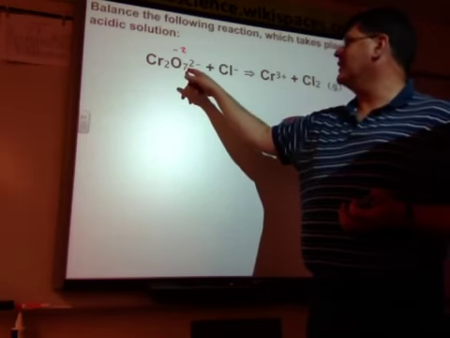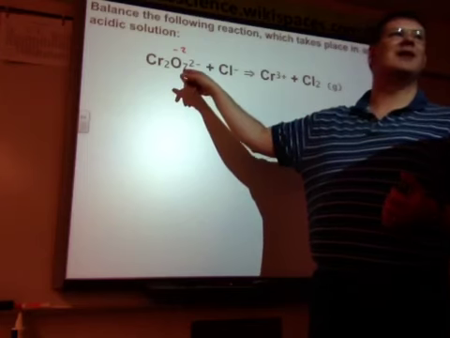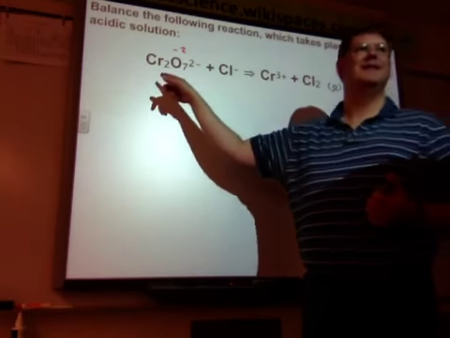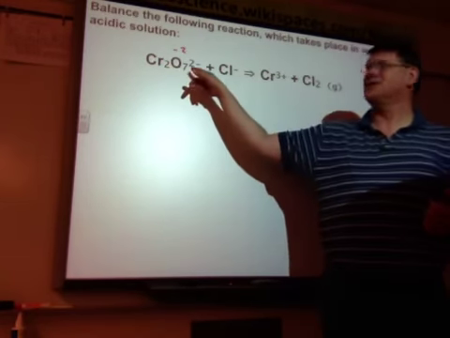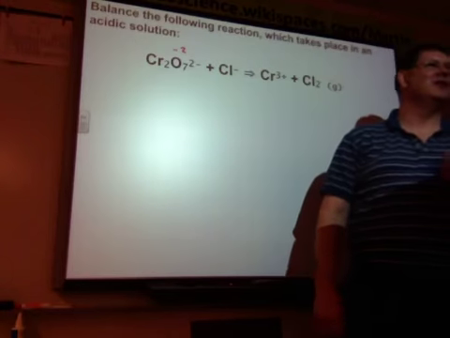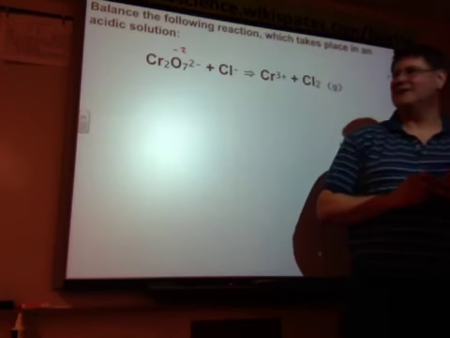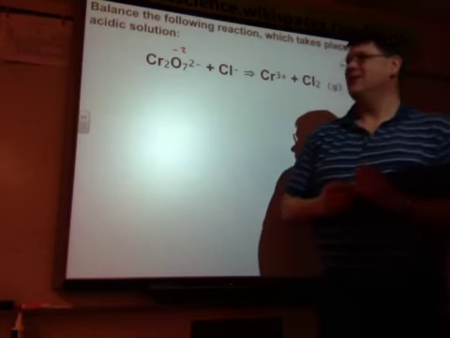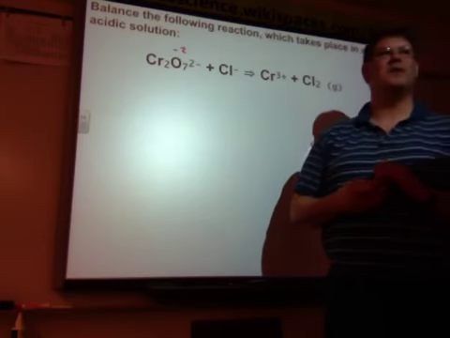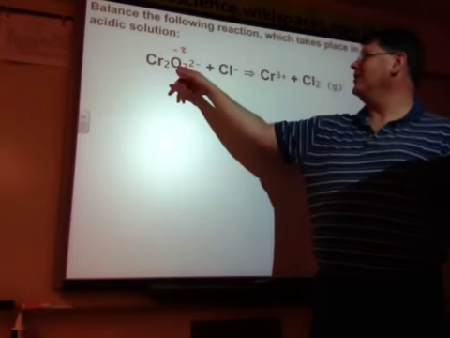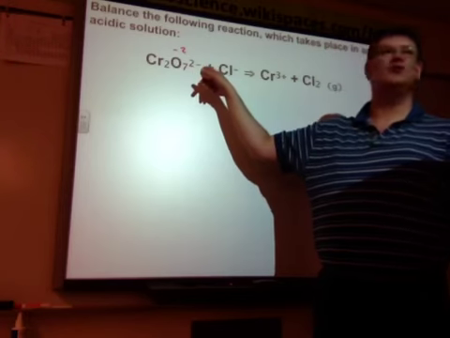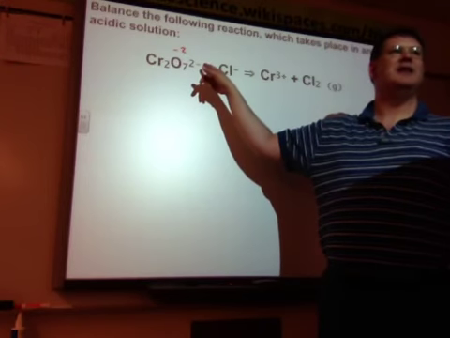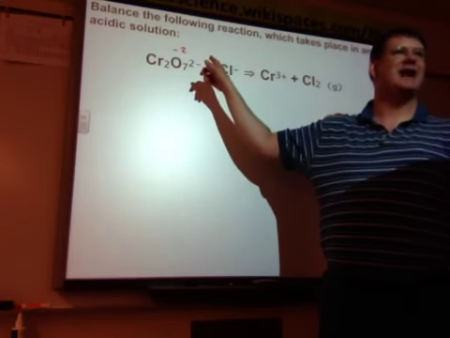The total charge on, what's this ion called? Cr2O7 with a 2- charge is called? Dichromate. Good. What oxidation state is chromium in? Well, the total ion together has a 2- charge. That means everything together has to add up to 2-.